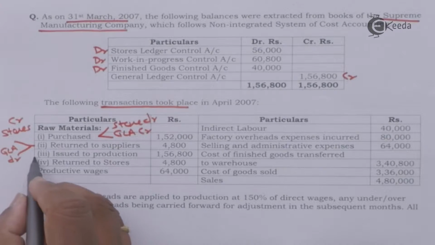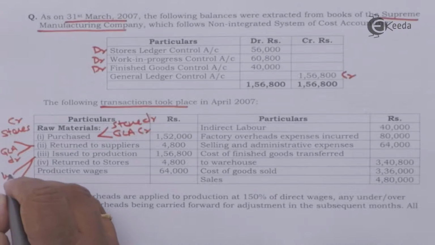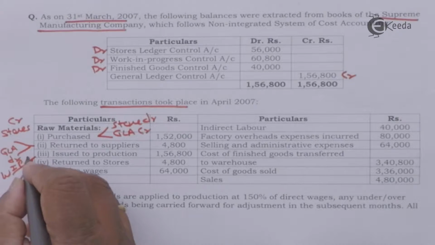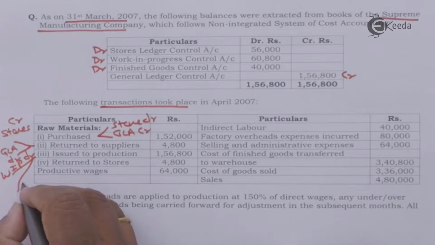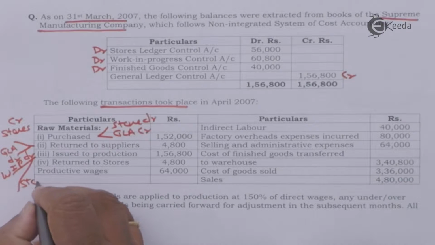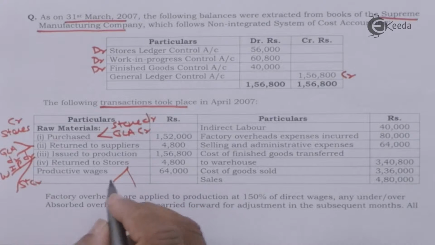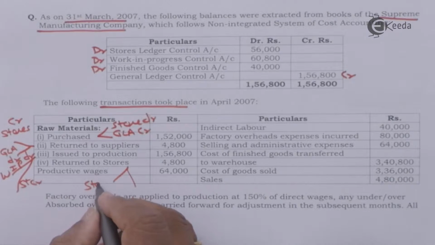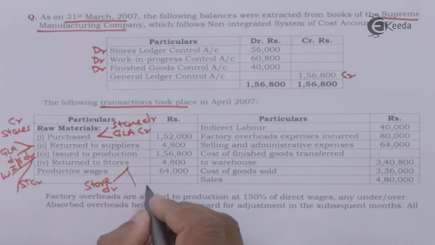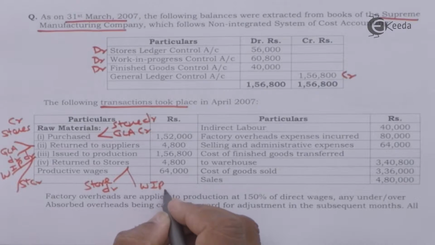Issue to production: work in progress debit, stores credit. Return to stores: stores debit, work in progress credit.